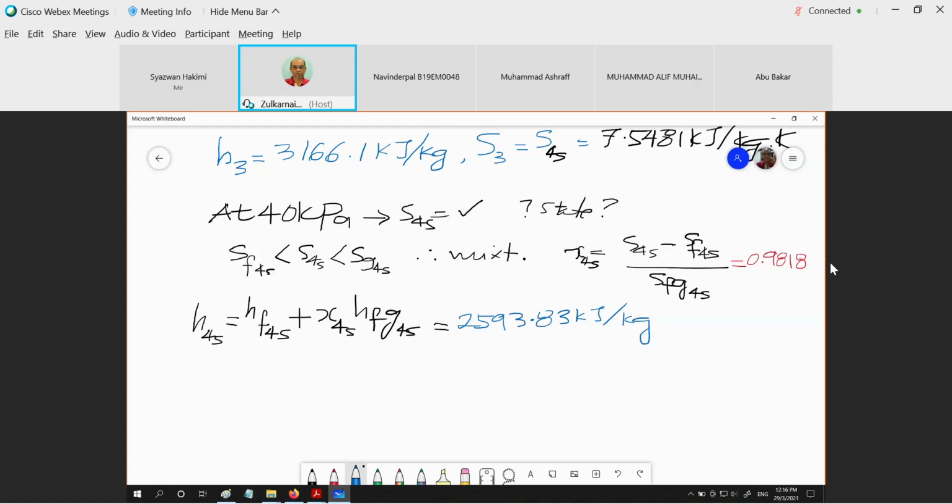The actual condition, H4. So by using the isentropic efficiency for the low pressure turbine, which is equal to H3 minus H4 divided by H3 minus H4S. Given the isentropic efficiency, H3 and H4S solved before, we are left with H4.